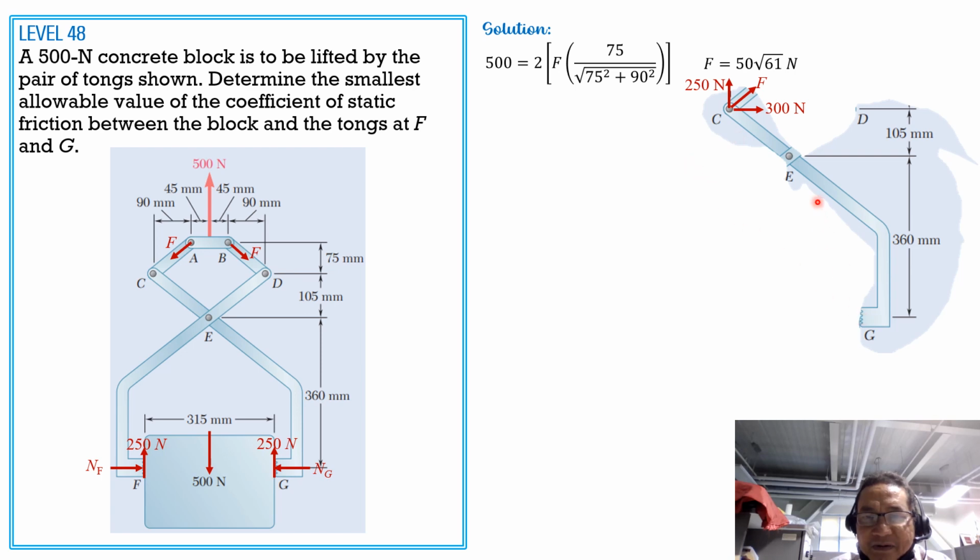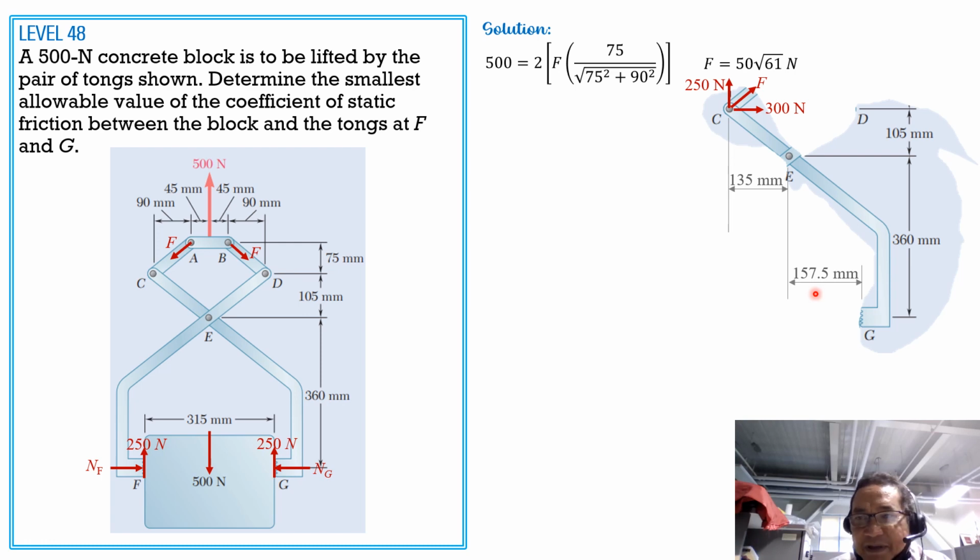Then here at E, we have vertical and horizontal component of reactions also. The horizontal distance between C and E is 90 plus 45, 135 mm. And the horizontal distance between E and G is half of 315, which is 157.5 mm.